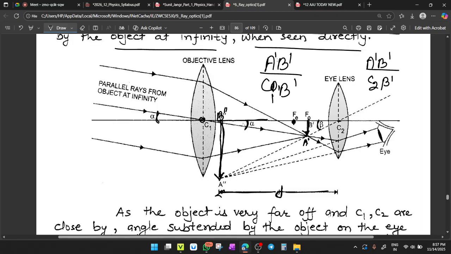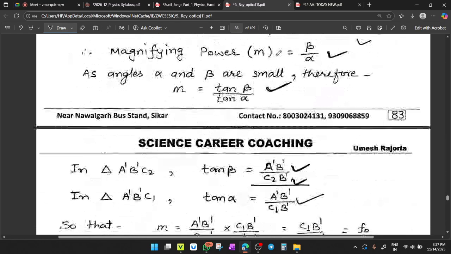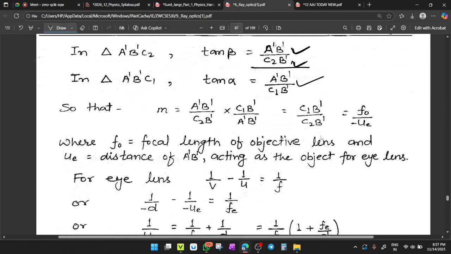Yes or no? The same angle it will give because it is a similar triangle to the bigger one. So here put the value of tan alpha; tan beta equals A dash B dash upon C2 B dash. Now A dash B dash gets cancelled out and here it equals C1 B dash upon C2 B dash. Clear or not clear?